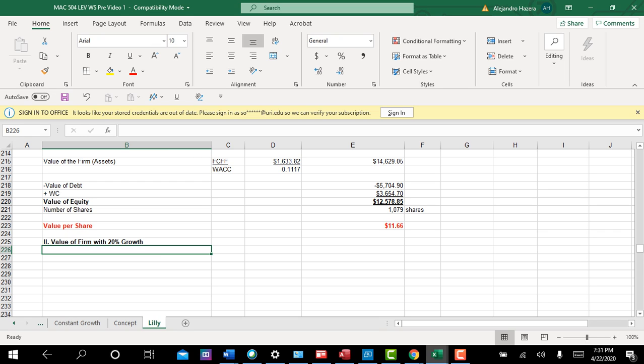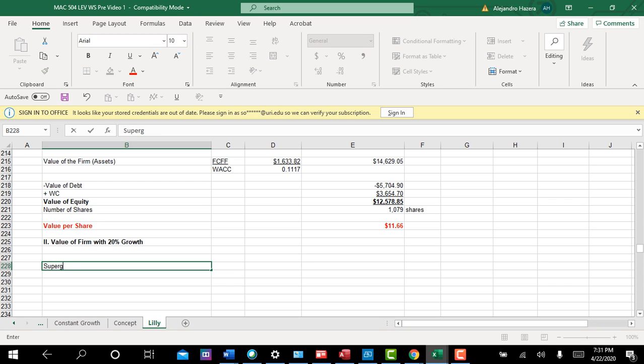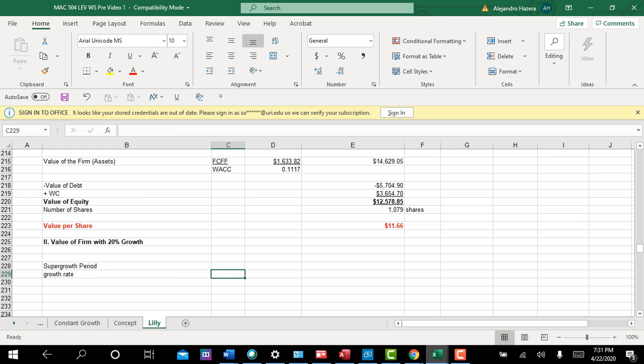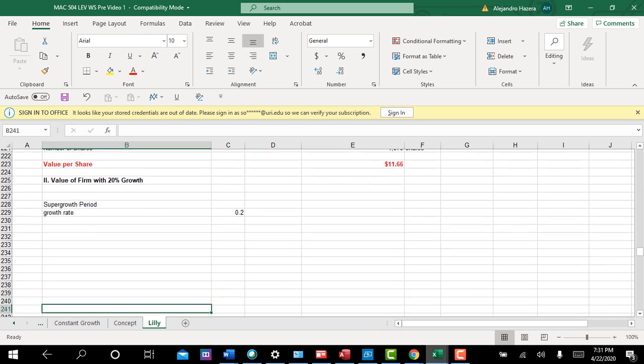Let's put in our assumptions here. I'm going to have a super growth period, and during the super growth period, let's assume the growth rate is 20%, which is probably, for that time frame, not bad.